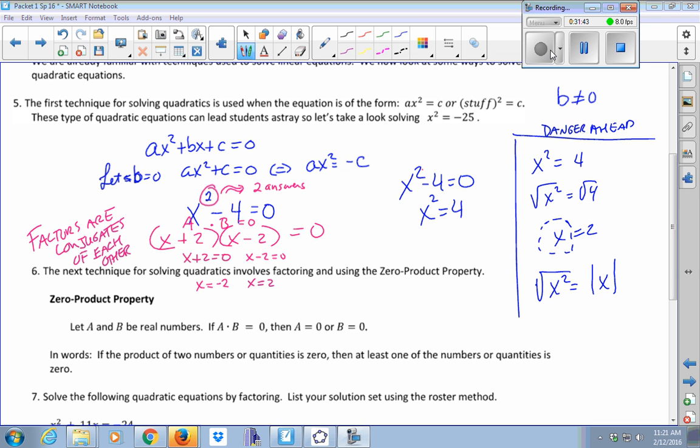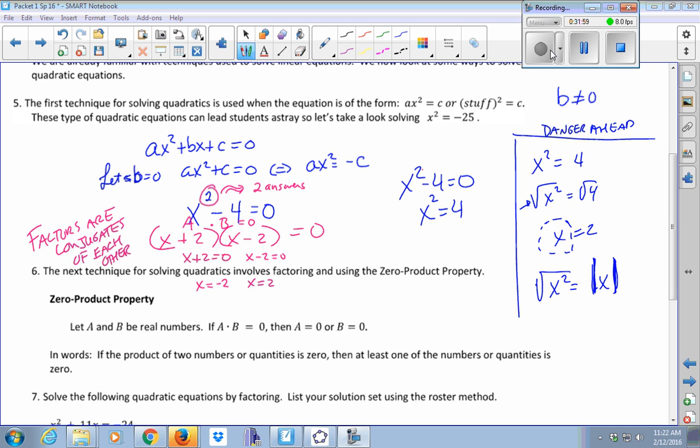So when you say that the square root of x squared is x, and x could be positive or negative, that's untrue, because that symbol says I want the positive square root of x squared. The only way to ensure that it's positive is by using absolute value.